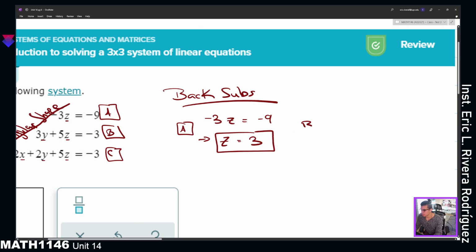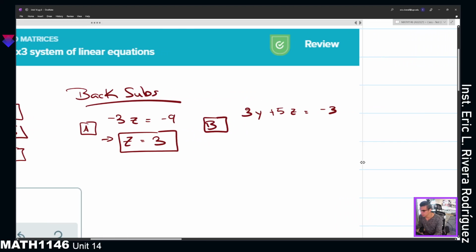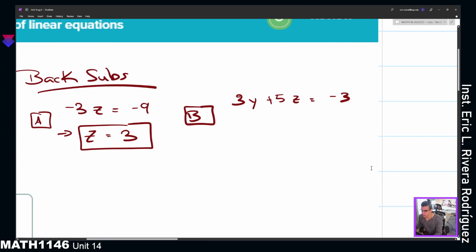Then for equation B, I'm gonna write it here, 3y plus 5z equals -3. So for equation B, now that we have a value for z, see what happens when we substitute that value. Now we have an equation with just one unknown variable.